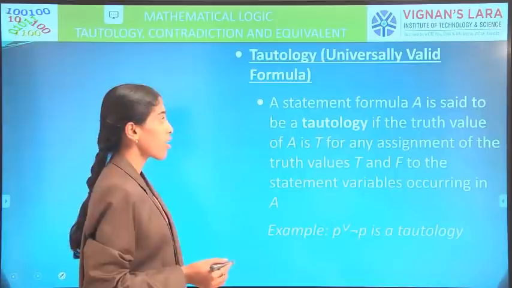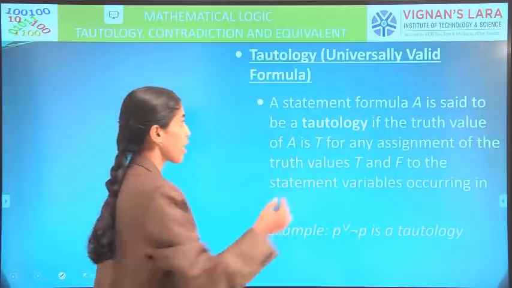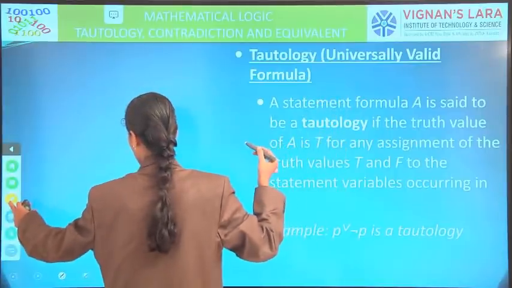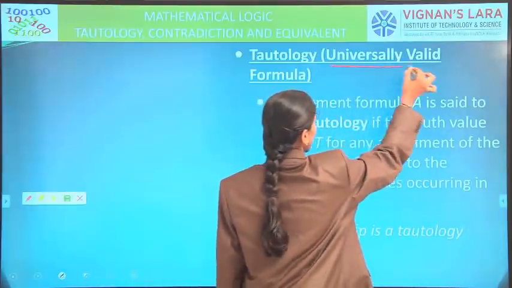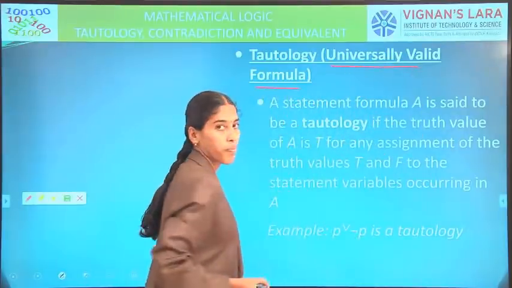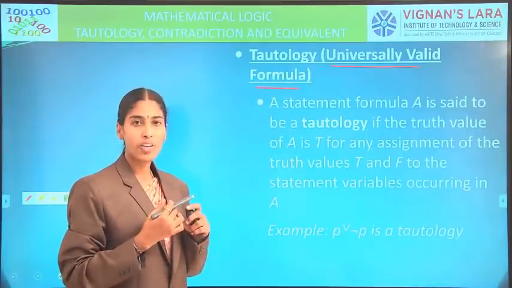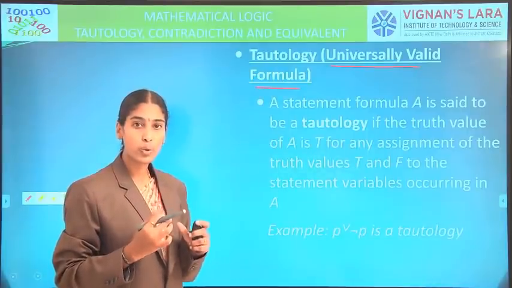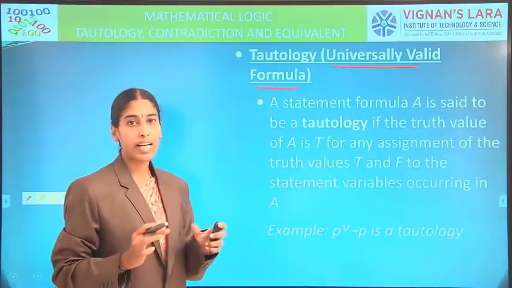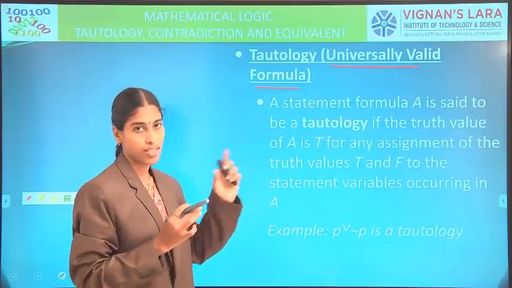Next we see tautology. What is meant by a tautology? The other name of tautology is universally valid formula. Universally valid: in the universe it is always valid. It is always true, it is always correct. We call that a tautology.